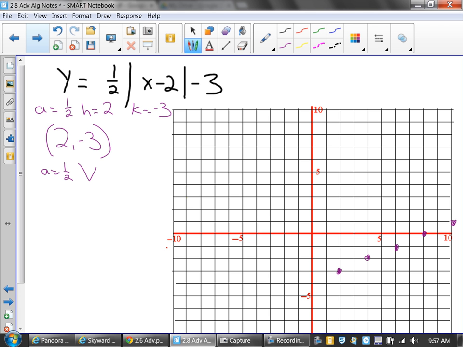And go in the other direction, use your symmetry. Up 1, left 2. And so on. So now you have another one. Really isn't as bad as it sounded.